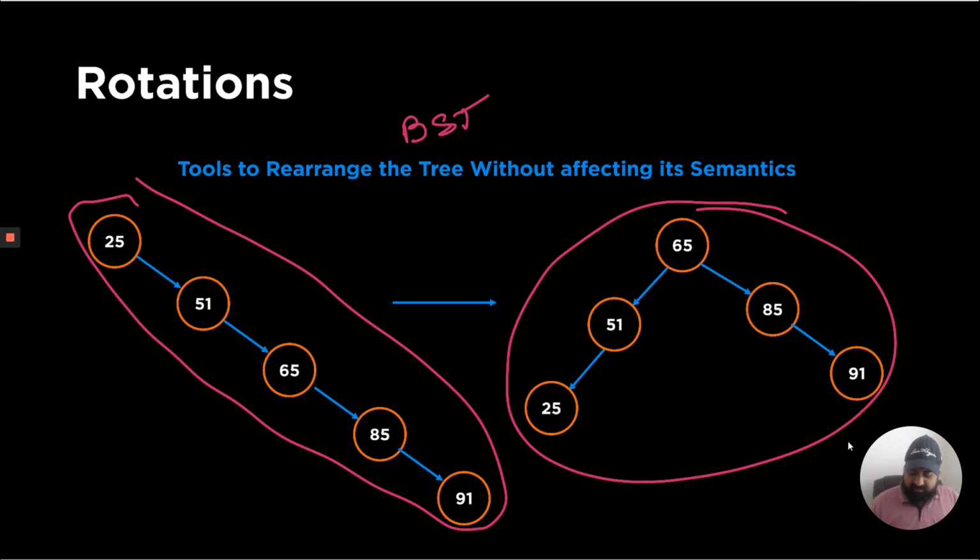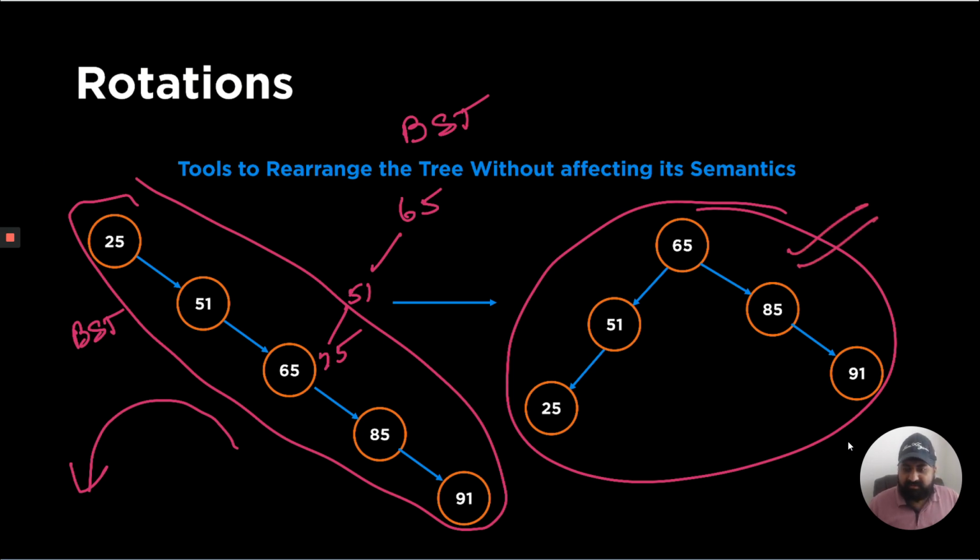Now, this BST property should remain the same after we perform some operation on the tree. So in this case, when we rotate the tree in this order, basically rotating it anti-clockwise, 65 will become the new root and 51 and 25 go down, so we have this new tree that looks like this.